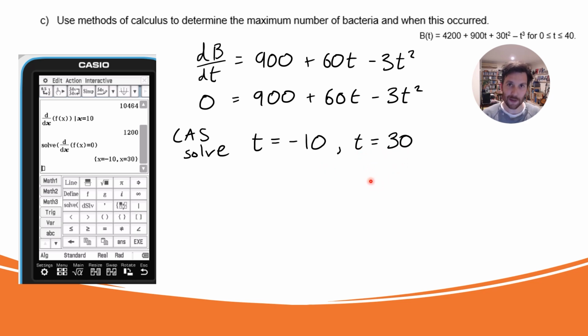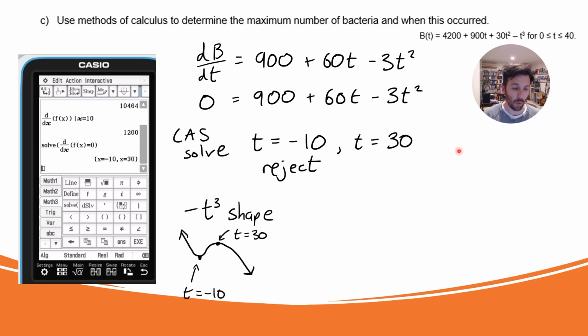So we still have to include that as part of our working out, but we do need to think about the question that we were given at the very beginning, where we were given the actual function itself, but we were also given this domain restriction here. So we're only interested in t values between 0 and 40 inclusive. So on my working out I'm going to reject this answer of t equals negative 10, and I'm going to just use this t equals 30 from now on, because the other one is going to be outside the domain for the question.